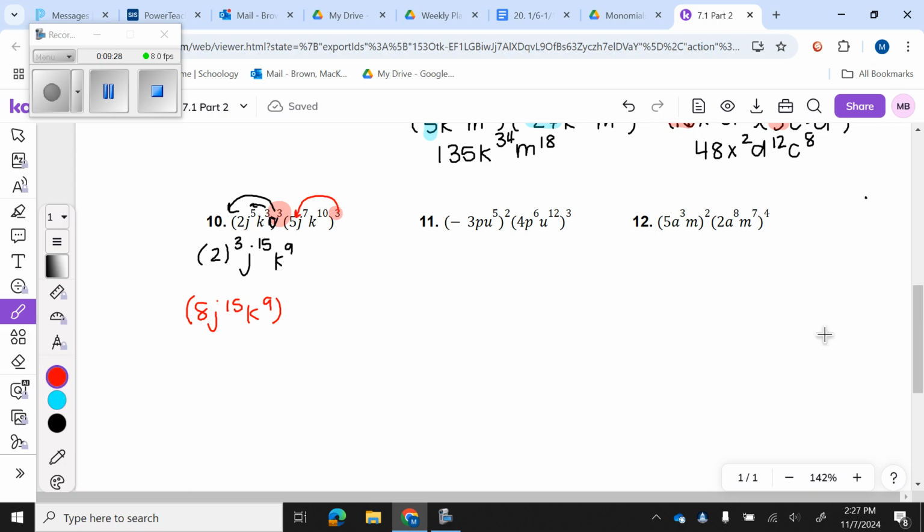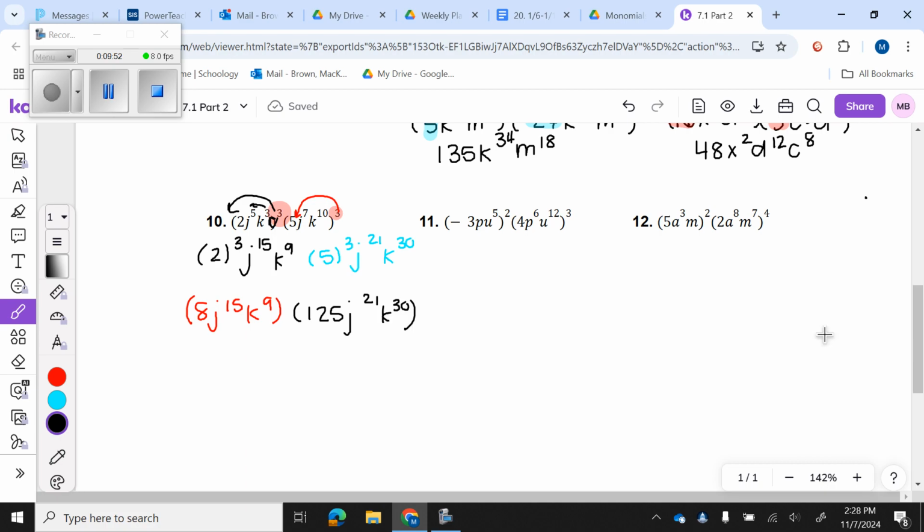Okay, now I got to come do the power rule to this term right here. So I'm going to have 5 to the third, j to the 5 times 3 is 15, and k to the 3 times 10 is 30th. Okay, so 5 to the third, stick that on your calculator, you're going to get 125. j to the 15th, k to the 30th.